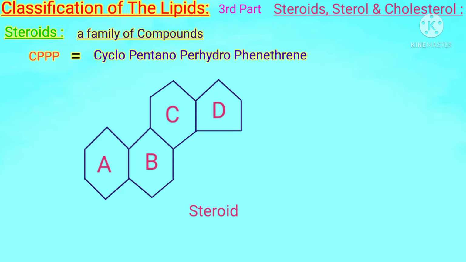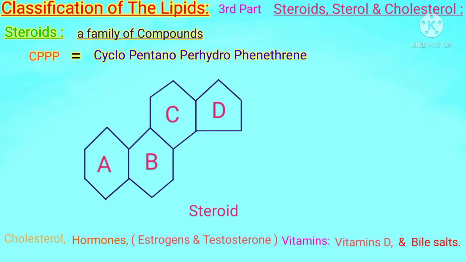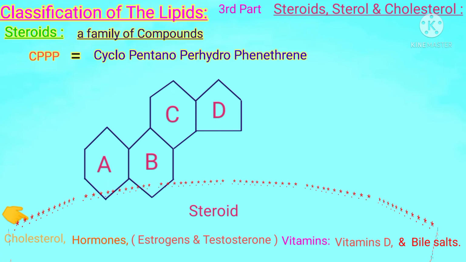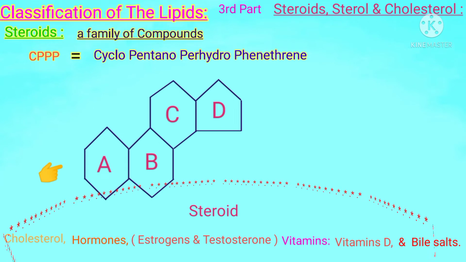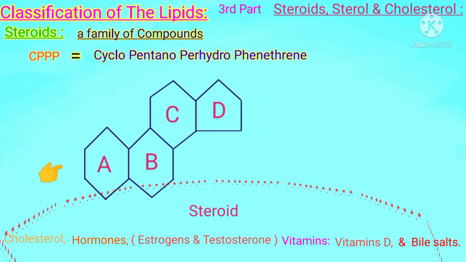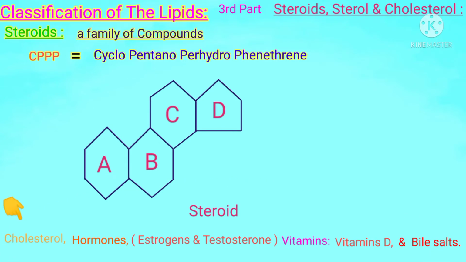So a number of compounds with different names are called steroids, like cholesterol, different hormones like estrogen and testosterone, vitamins like vitamin D, and bile salts. Students, these are different biologically active steroids. All these steroids possess this specific structure. That's why we say that cholesterol is a steroid.